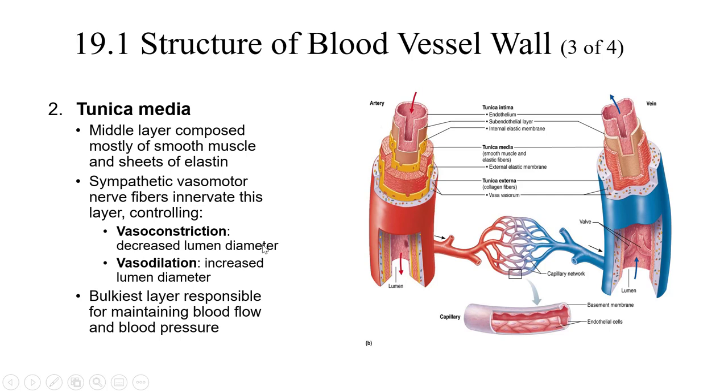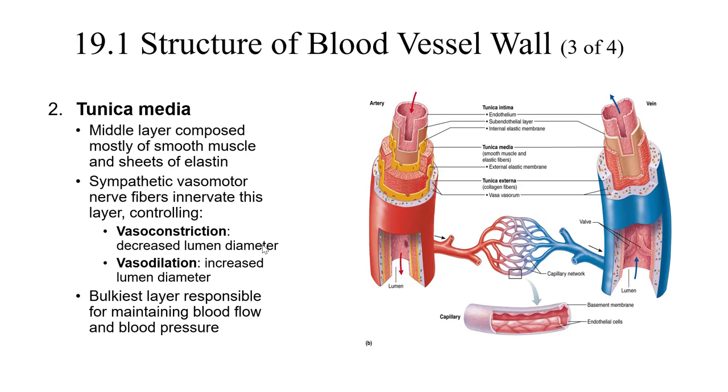Now, the sympathetic vasomotor nerve fiber innervates this layer. It controls the movement of the vessel, like vasoconstriction, where the lumen's diameter is decreased, or vasodilation, which is increasing the diameter of the lumen, and pretty much this plays a major role in blood pressure.